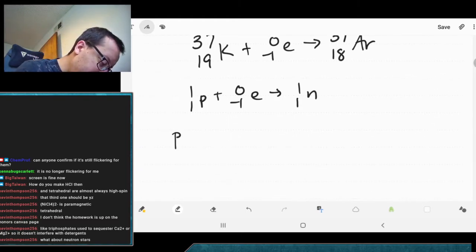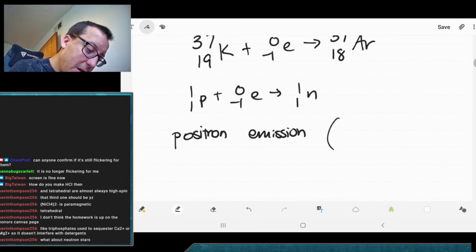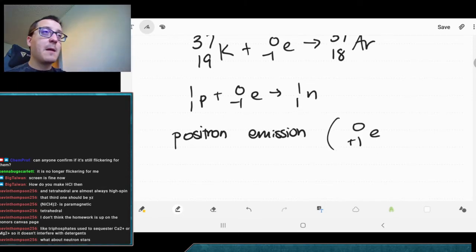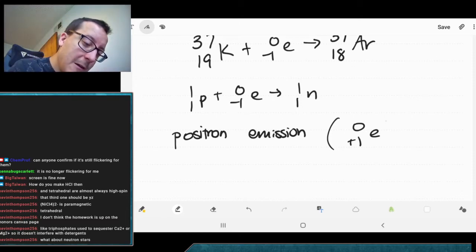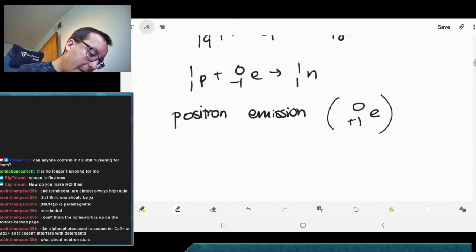With positron emission, a positron, by the way, is a positive electron. So same size and mass as an electron, but a positive charge instead. It'll get the same job done.